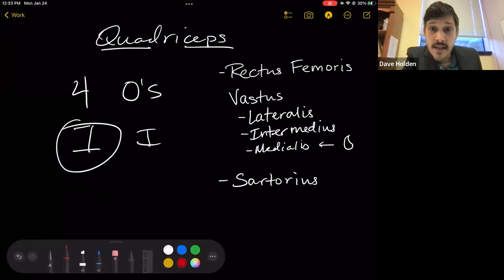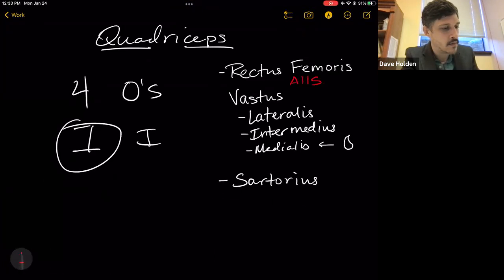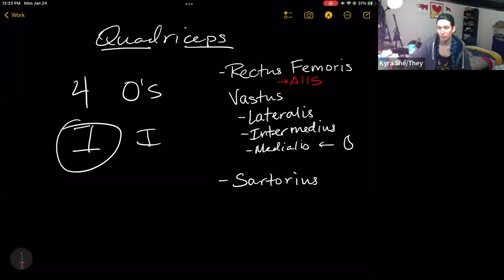So, rectus femoris will start at the AIIS. On the AIIS, which tells me something important. What bone is the AIIS on? Don't overthink it. What bone's it on?